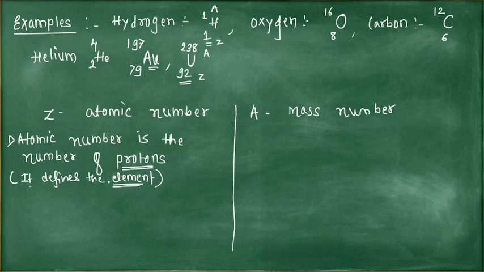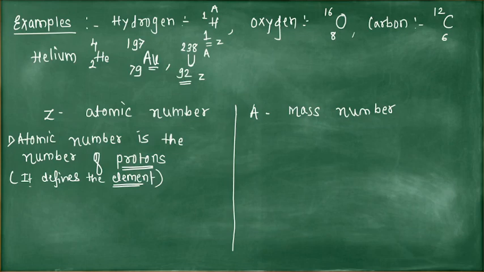This is the most important characteristic of an element, that Z is unique for that element. No other element other than uranium has Z equal to 92. Uranium is the element and its Z is 92. So Z indicates the element. Z is the characteristic of the element.